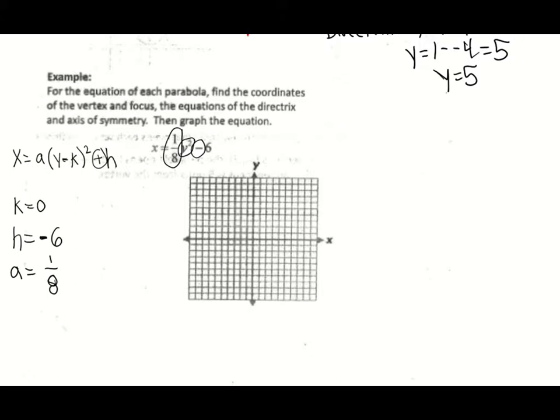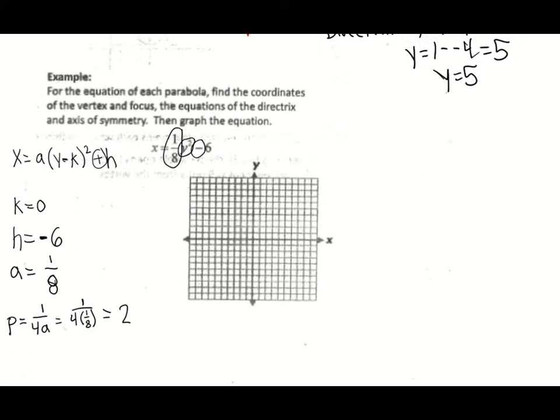And then the other value we're going to need is our value for p, and we know our formula is 1 over 4a. Well, our a is 1/8, so we have 1 over 4 times 1/8. Remember, careful plugging that into your calculator. We get 2.